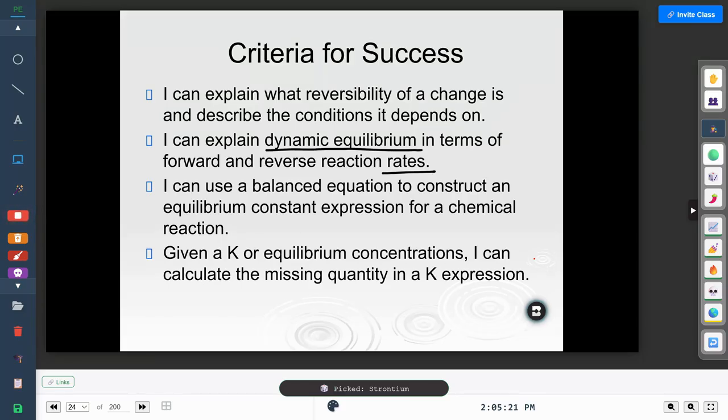When the forward rate and the reverse rate are equal, the dynamic equilibrium is reached. Forward rate and reverse rate are equal, and then tell me a little bit more about what dynamic equilibrium means. It means the amount of reactants and products that are being produced are equal. Okay, they are exchanging at that same amount. Are the concentrations of my products and reactants going to be the same? No. No. Good job.